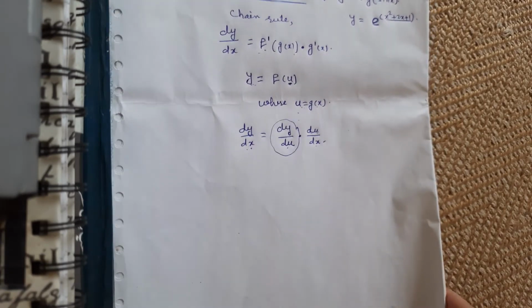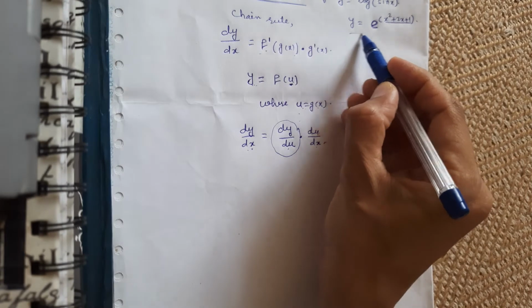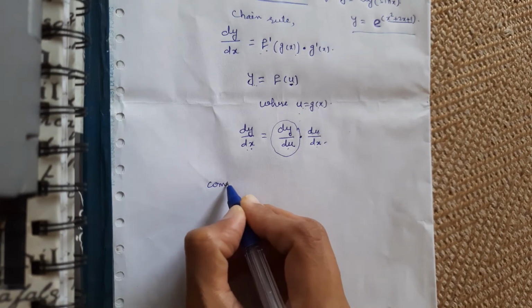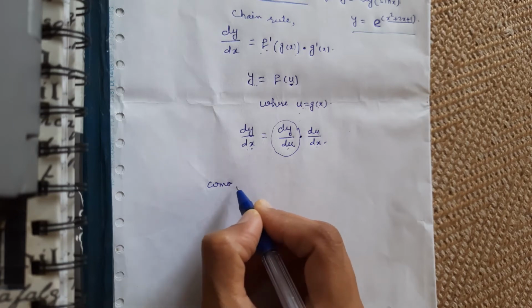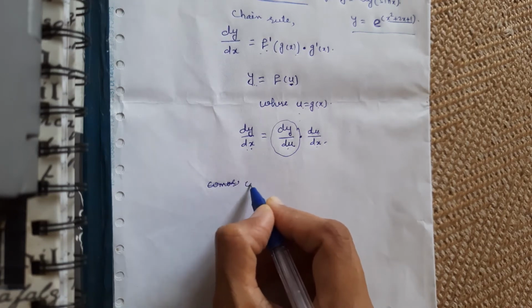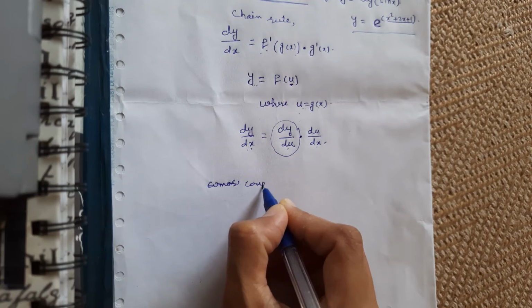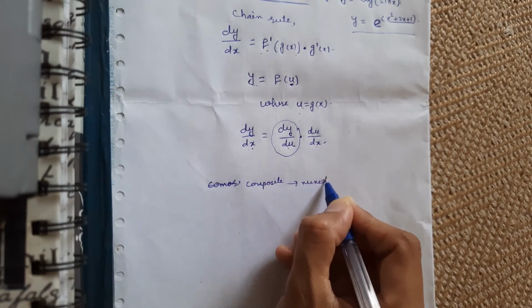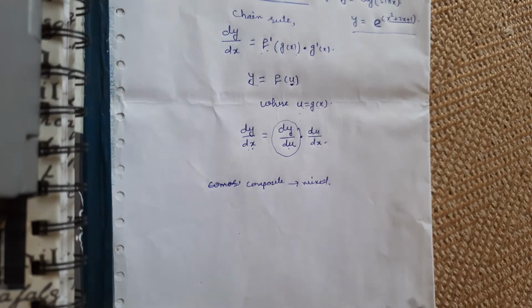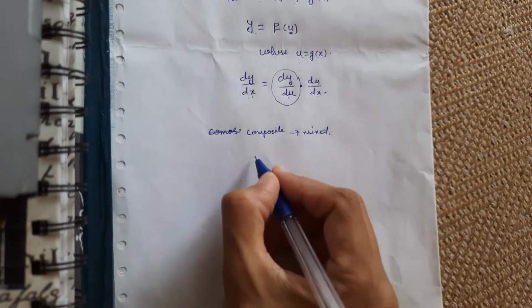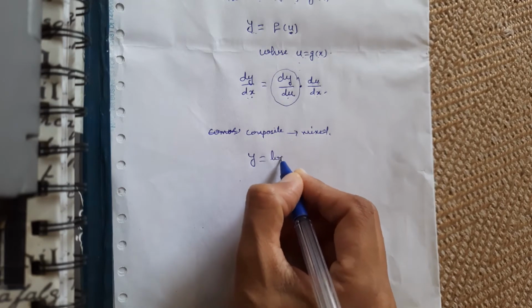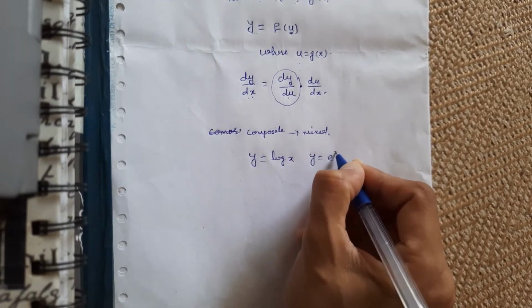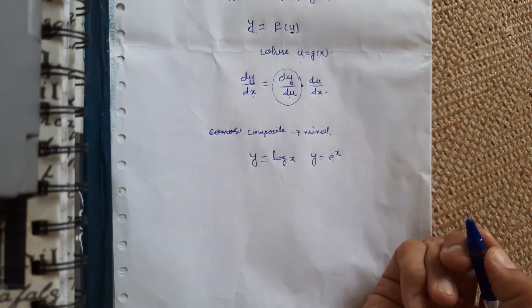Now what is a composite function? The word composite means mixed, mixed with separate identity. For example, y equals log x is a logarithmic function, and y equals e to the power x is an exponential function.